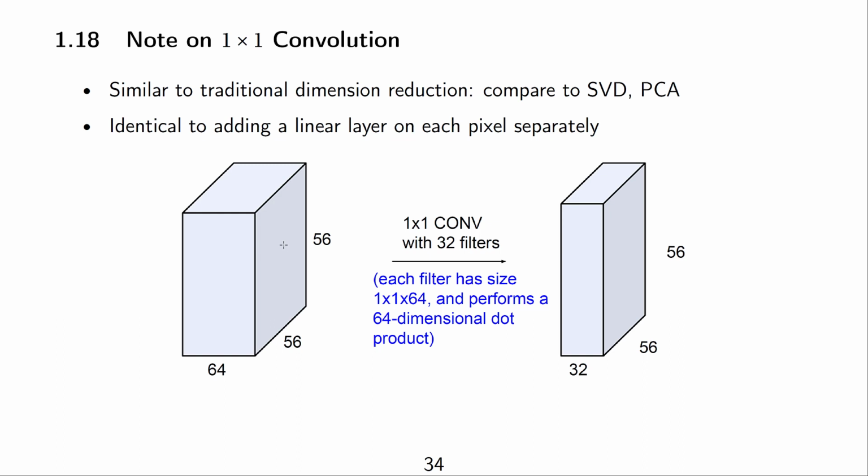So each filter would have size 1-by-1 times 64. What this does is, in fact, run a separate, fully connected neural network on each pixel. You could just imagine someone adds a fully connected neural network that operates on each pixel separately.